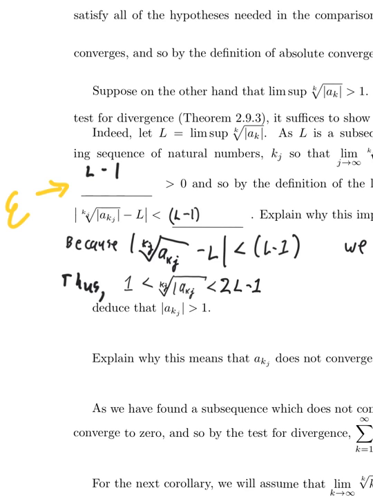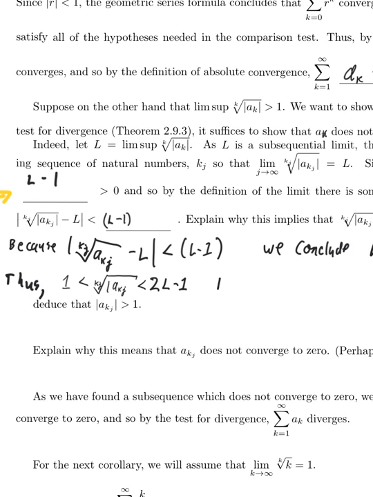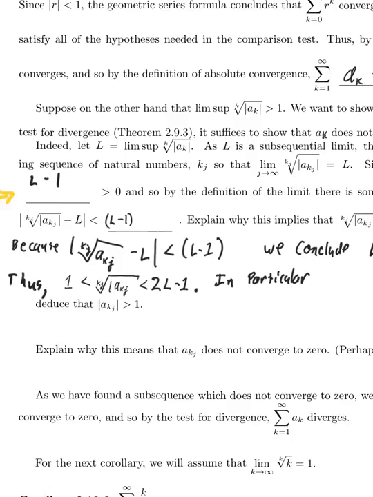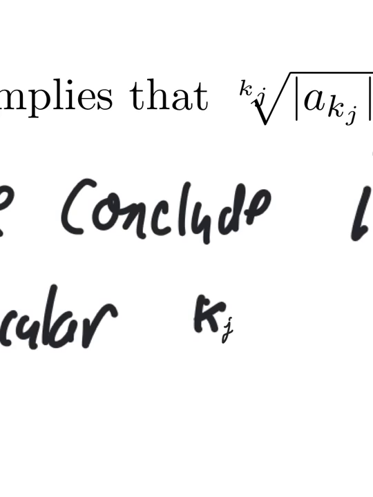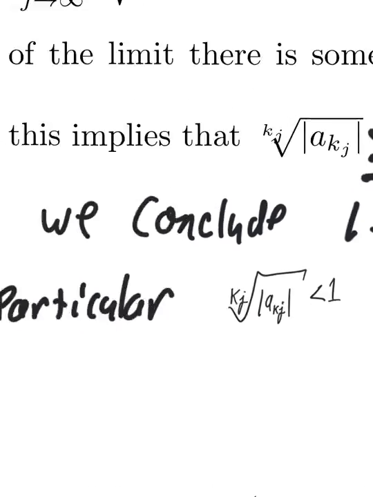Oh wait, but the first thing is exactly what we need. In particular, the k sub jth root of absolute a sub k sub j is less than 1, as we desired.